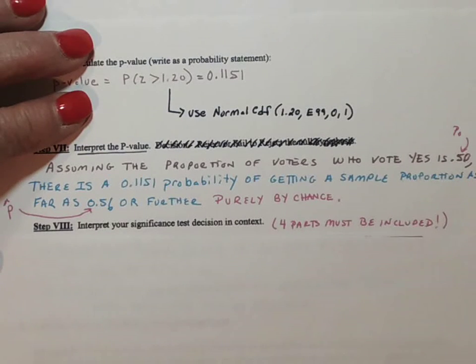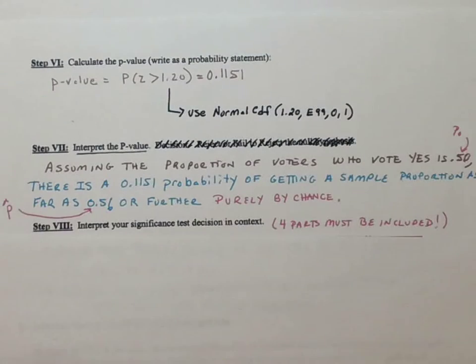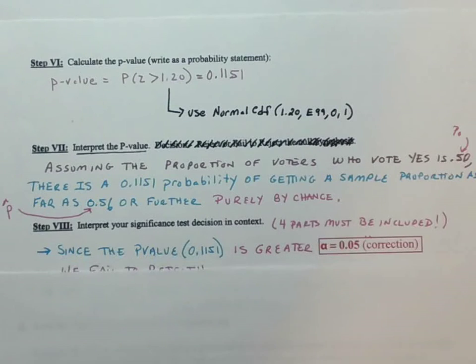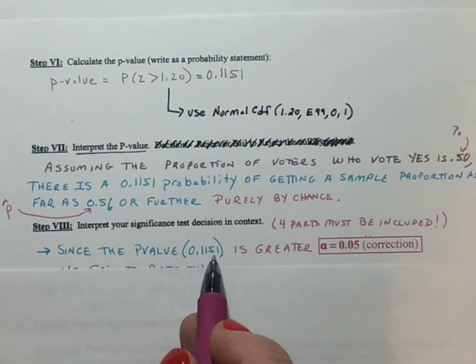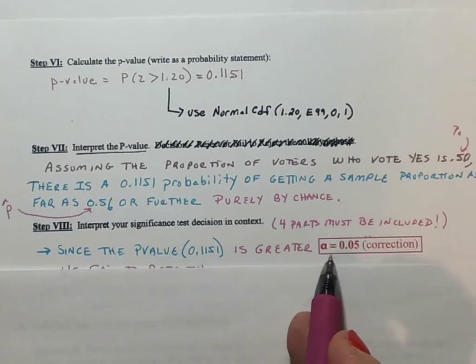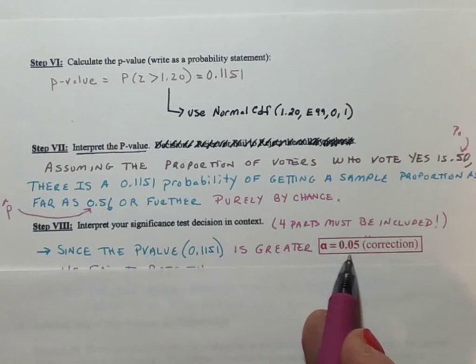Now, there's 4 parts when you have to make your decision, your conclusion. Right? Since the p-value 0.1151, and we would say that that's a large p-value. And you should always think large p-value, fail to reject. Is greater than alpha equals 0.05.